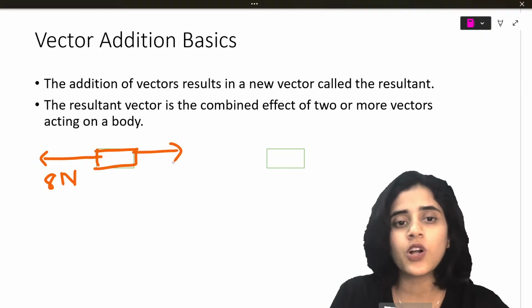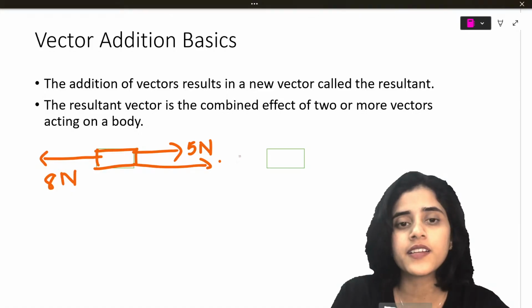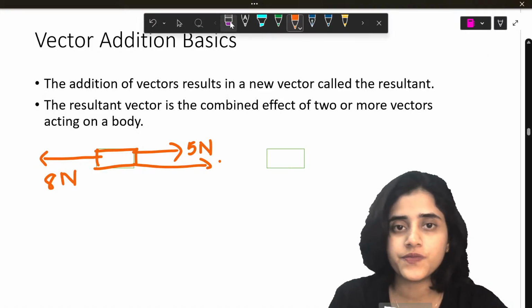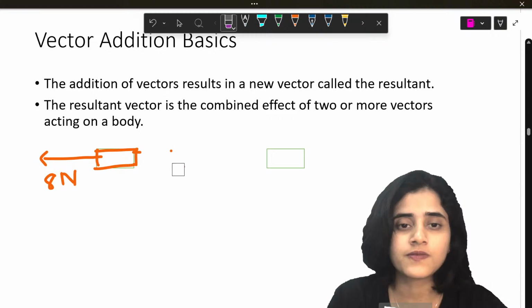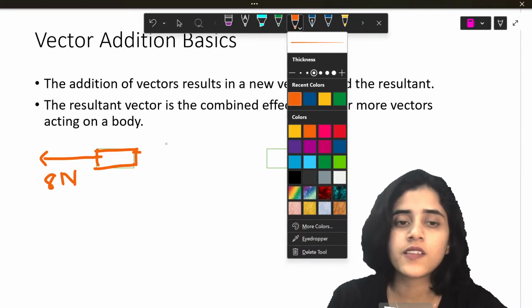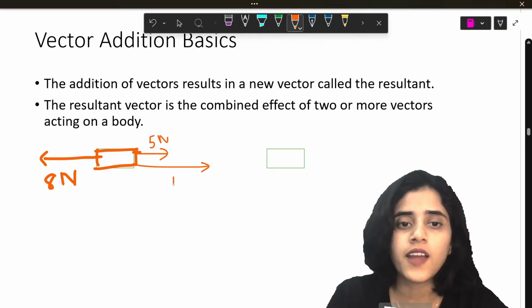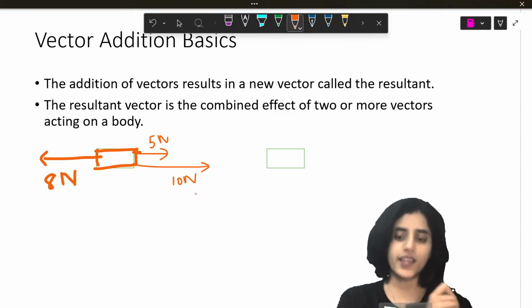It also has a force of 5 Newton and 10 Newton in the forward direction.